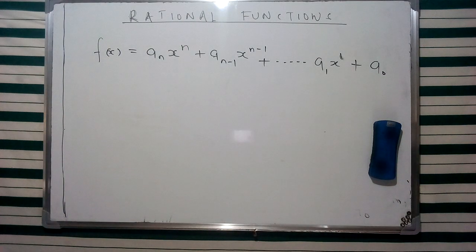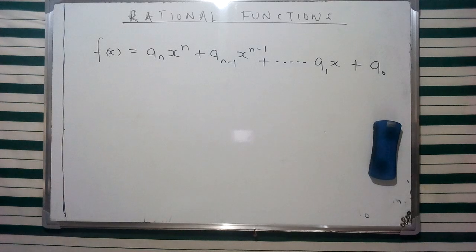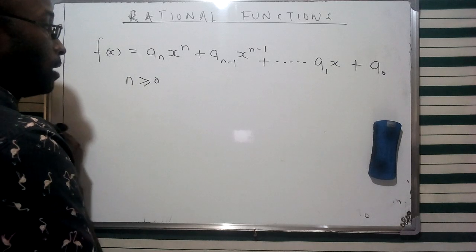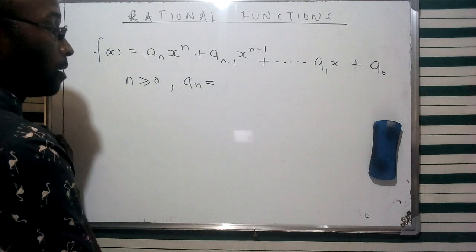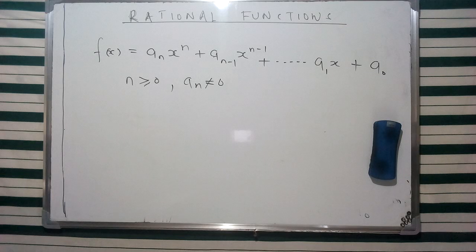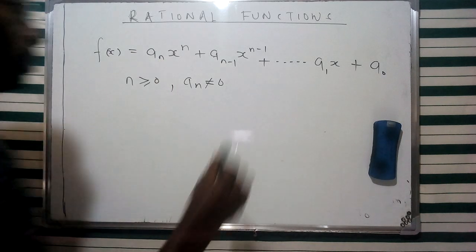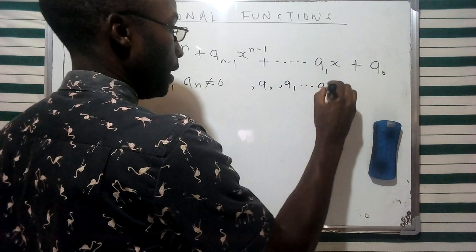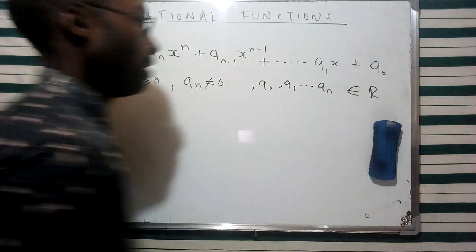So this was a general description of what we refer to as a polynomial, and we said that for various terms we're going to have this value of n greater than 0, and in this specific case a_n is not equal to 0, and the various coefficients a_0, a_1, up to a_n, are a set of real numbers as I mentioned.